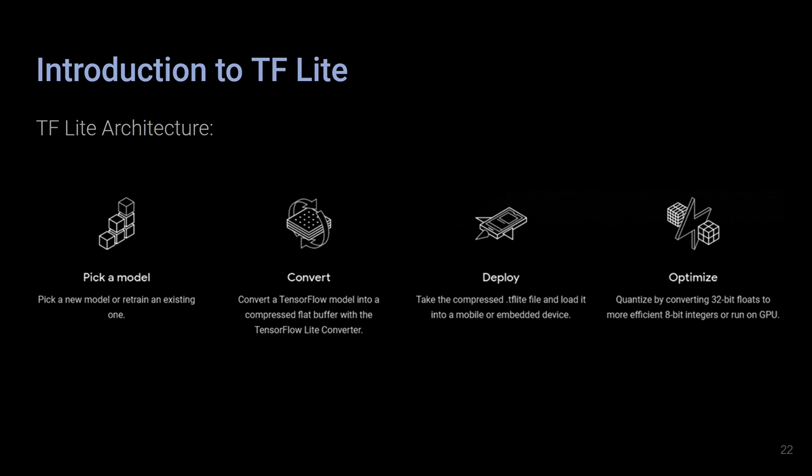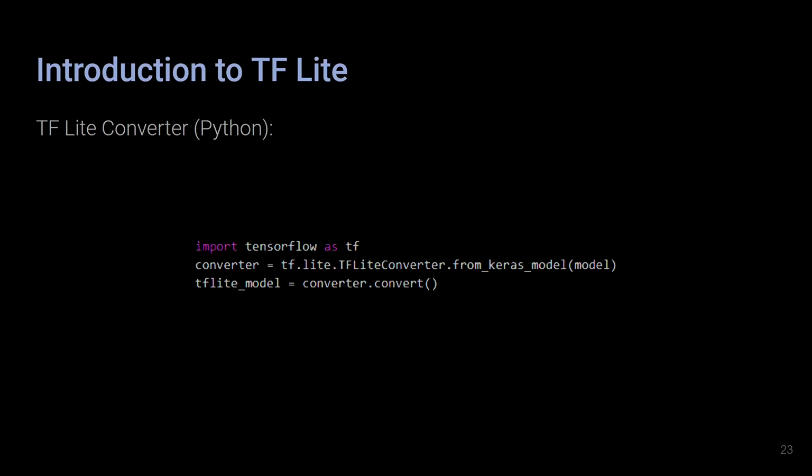All of those steps will be discussed with more details throughout this course. During this first week, however, we'll focus on getting to know how to run each of them at a macro level. So first, let's see how we can use Python to convert an already trained TensorFlow model to tflite.